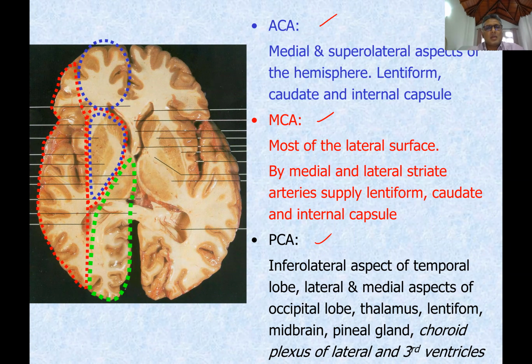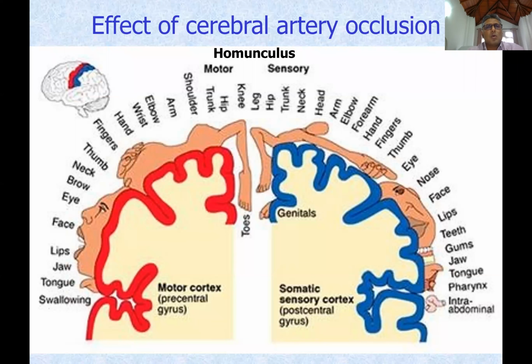So this is the point that I told you about the homunculus, both motor and sensory homunculus. You have both in this diagram. You know what is homunculus. It's the upside down representation of the body in the primary motor and sensory cortices, which you can see here. So based on this diagram, if this area is supplied by the anterior cerebral artery, then you can clearly understand that the effects would be on the perineal area and the lower limb area.